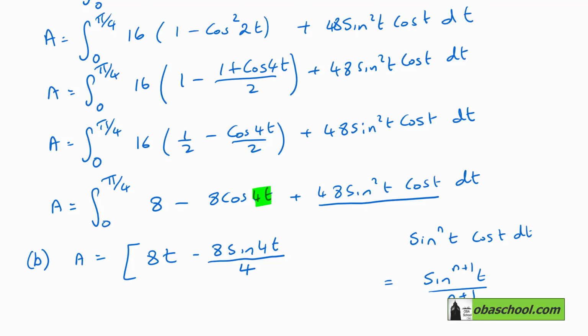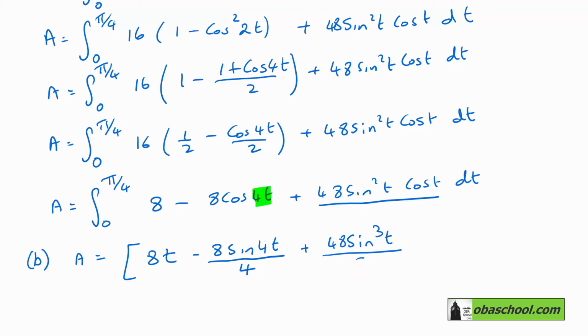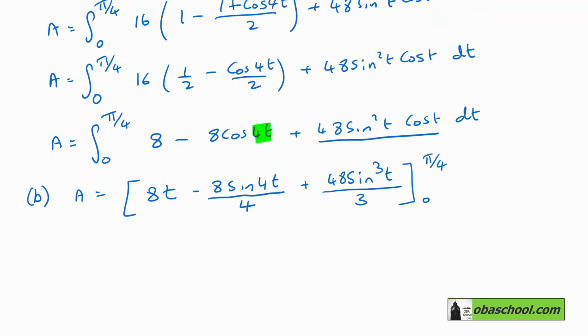So in this case, we're going to get 48 sine cubed t divided by 3. And that's going to be evaluated from 0 to pi by 4. So that is the 8t, take away 2 sine 4t plus 16 sine cubed t from 0 to pi by 4.